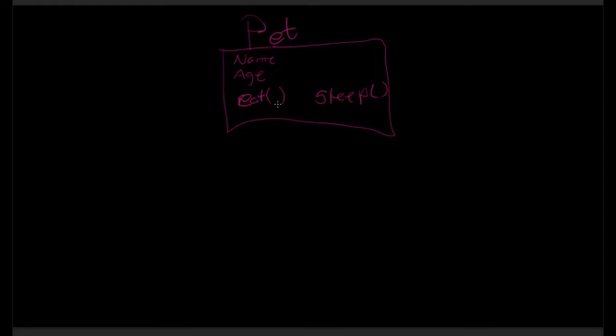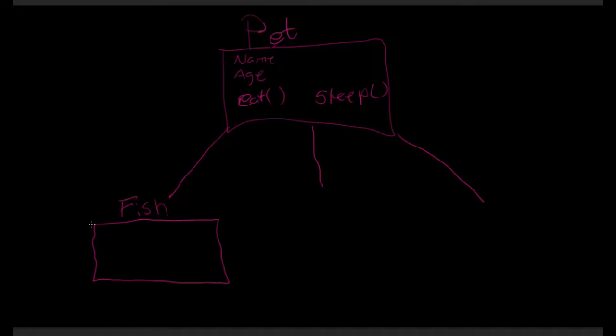Now, inheritance says that, okay, we have a pet, but I can have different types of pets. Down here, we might have three types of pets. Let's say a fish. A fish can do different things. For argument's sake, say a dog can't swim, but a fish, for example, can dive.